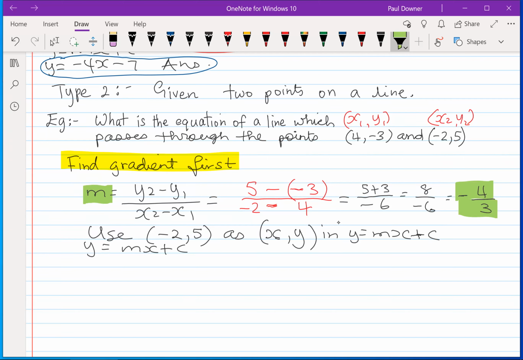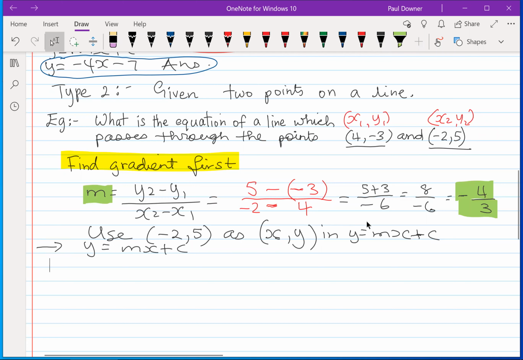And now that we have the gradient, we're gonna use the same process from here that we would have used in the question before, which is we're gonna choose one of the points, either this point here or this one, right? And use that in the equation y equal to mx plus c. That is, use it in this equation, right? So let's see.